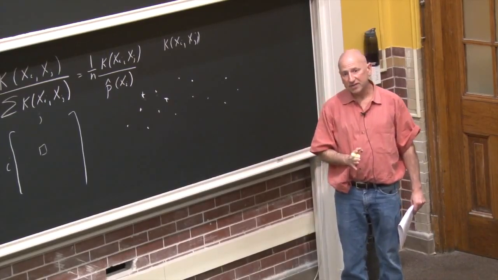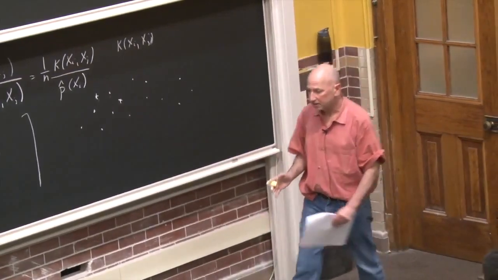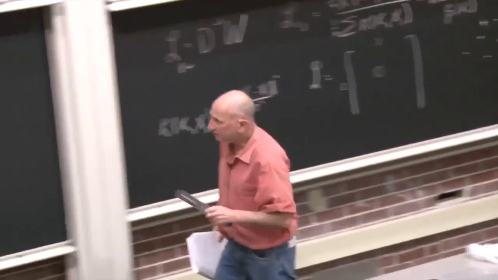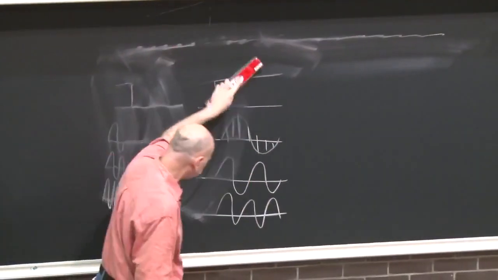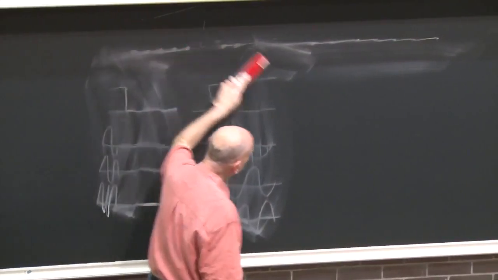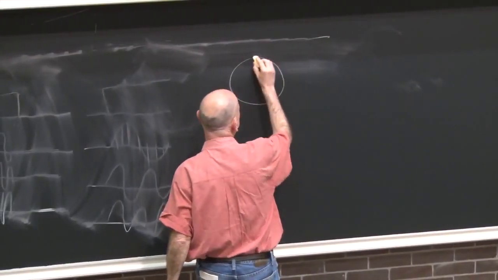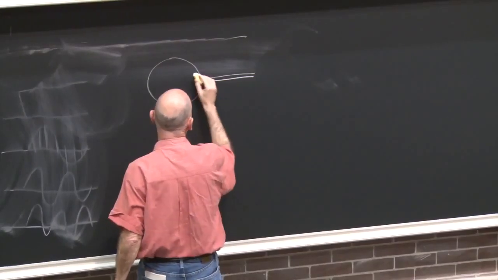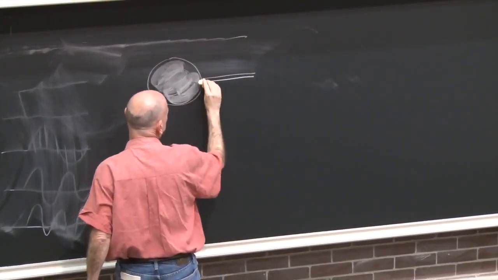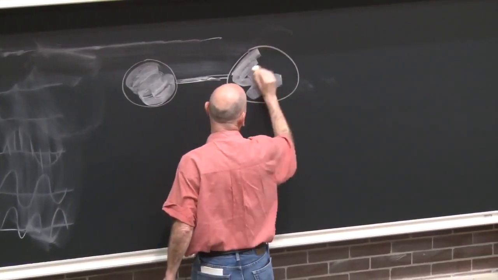But it is a way of measuring distances that are sensitive to the density. If you imagine hypothetically running this random walk, let me draw an example. Let's say I have a set over here, and it has a thin connection with some other set over here.